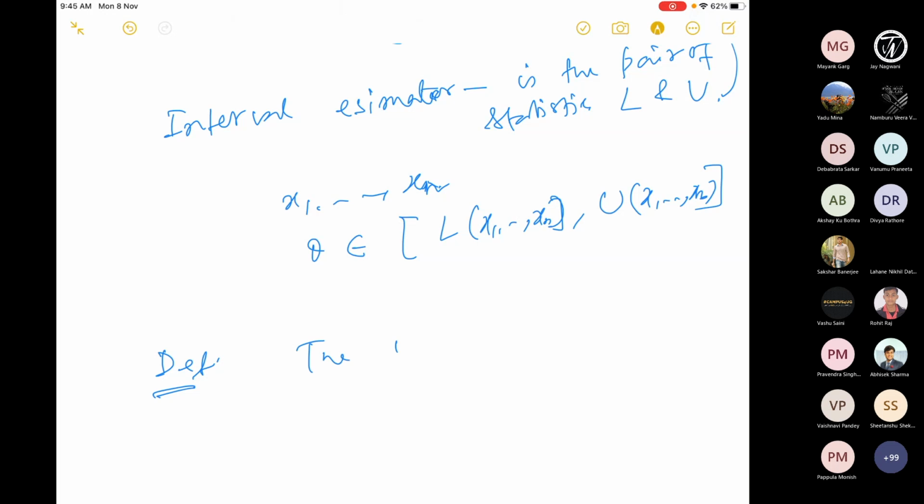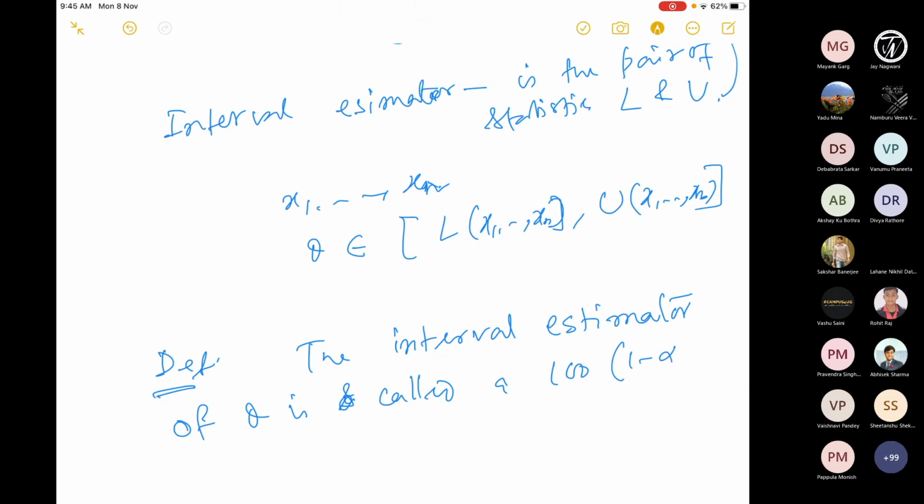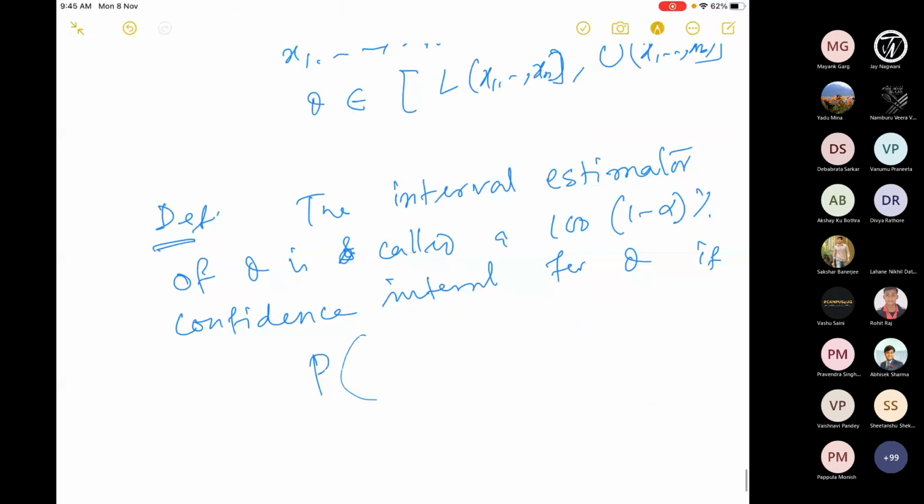So the interval estimator of theta is called a 100 times 1 minus alpha percent confidence interval for theta if the probability that L is less than or equal to theta, which is less than or equal to U, is equal to 1 minus alpha.